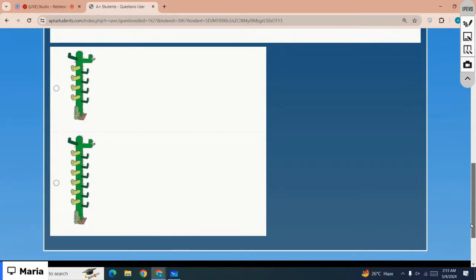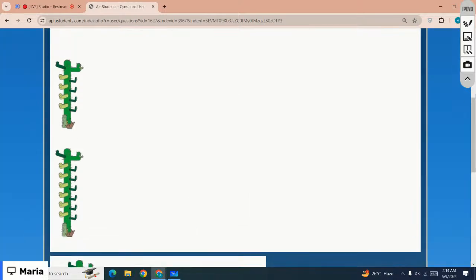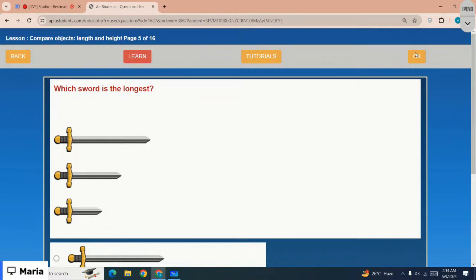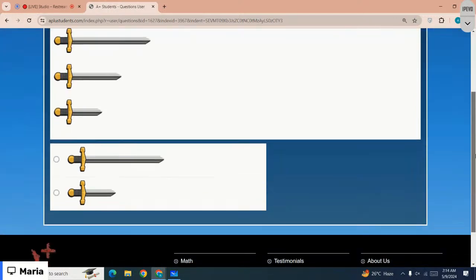Option 1 or option 2? Yes, the first one is the correct option. Which sword is the longest? 1 or 2?